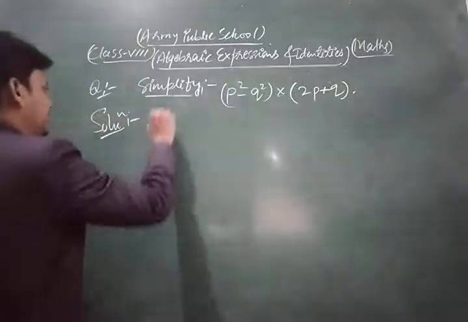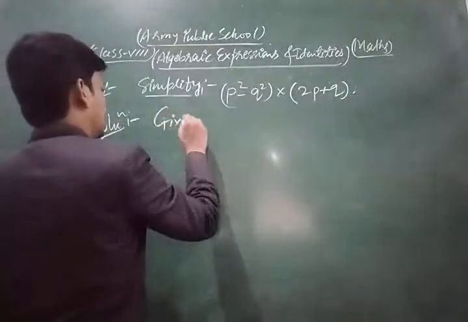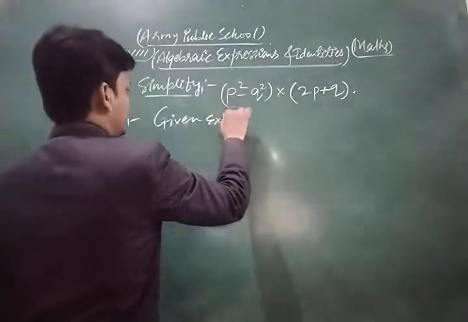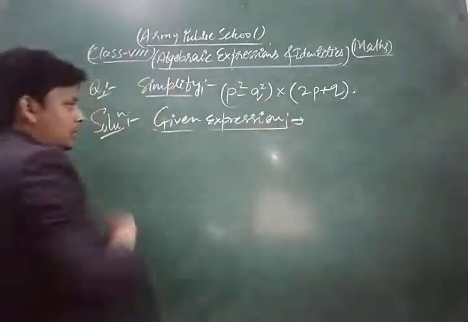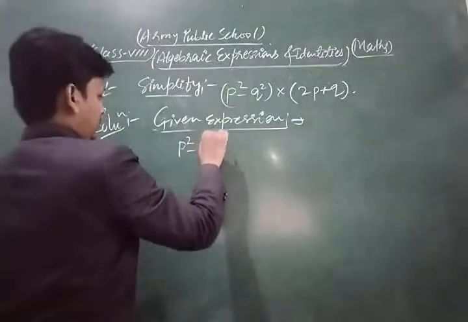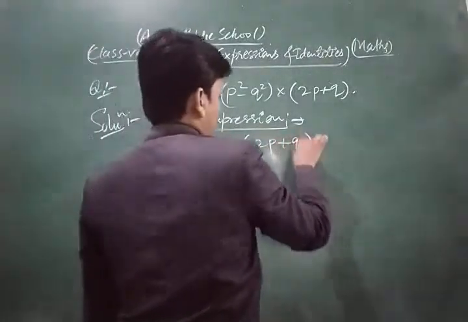First of all, we write the given expression: p square minus q square into 2p plus q.